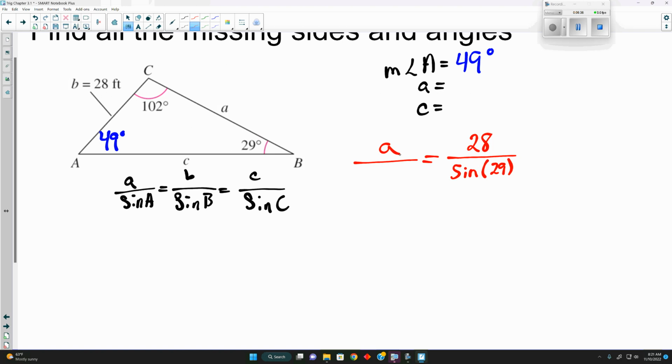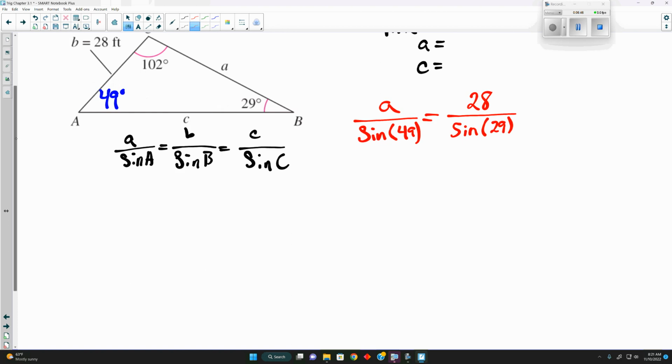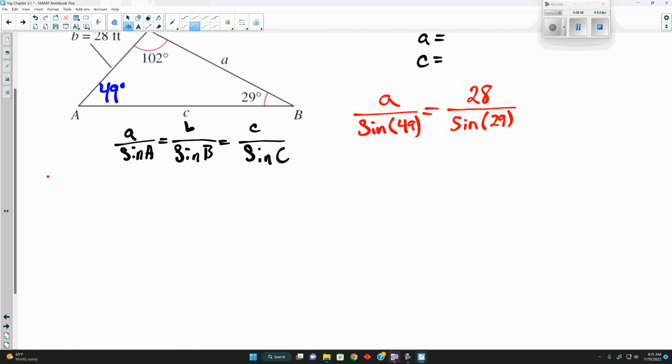So I could pick A, yes? And that's going to be over sine of what? 49. So this works out for us because the only variable that we have is side length A. Everything else is a number.